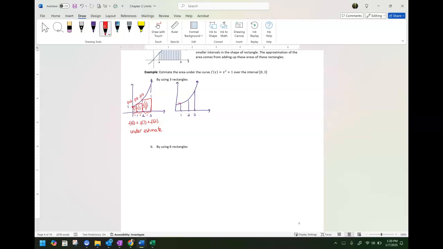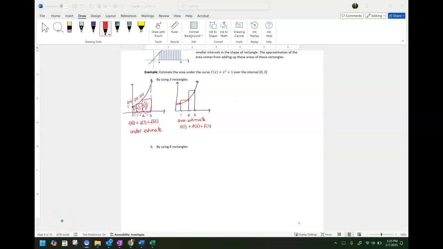If I use this point, these are the rectangles that I'll be using, then clearly this is an overestimate. The height of the first rectangle is f of 1. The second rectangle is f of 2. And the last one is f of 3.